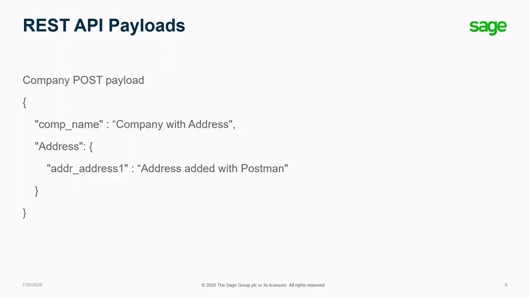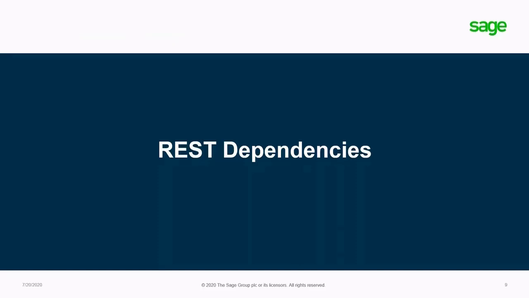This can easily be done, and as you see here, if you actually test this, you will see that it does work, but it does not link this address directly to this company. It adds it as two separate entities, and later on we'll be discussing how we can link these back together again.